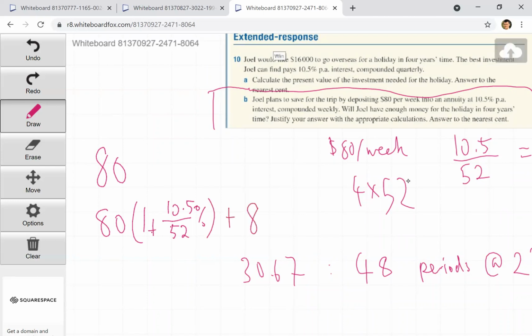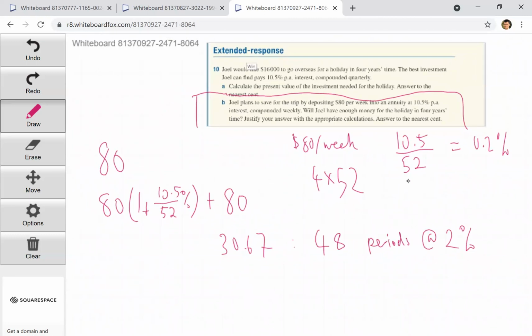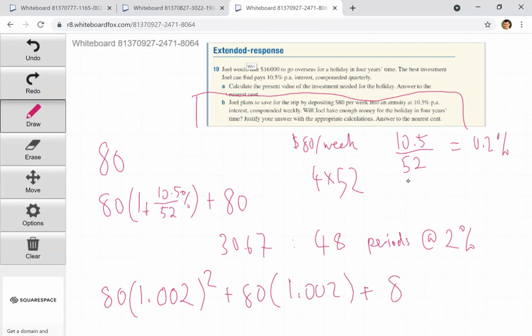And then you add another $80, yeah? Okay. And then the next one is 80 times, so let's say it's 0.02, but 0.2, so it's 0.002, squared plus 80, 1.002 plus 80, right?